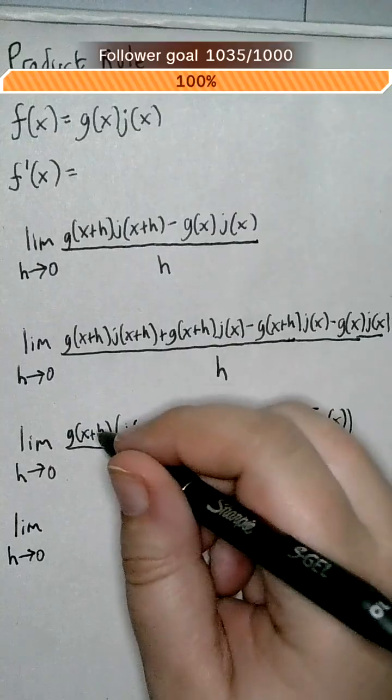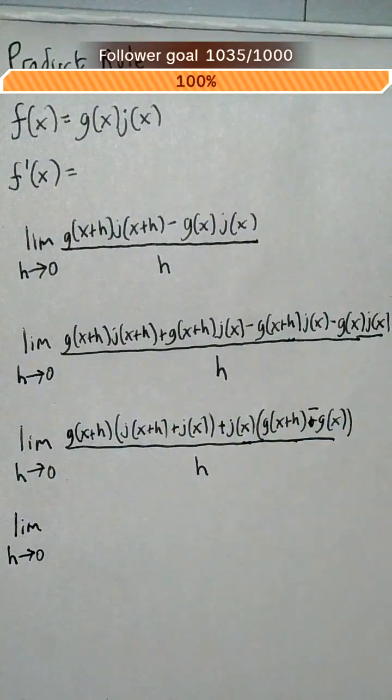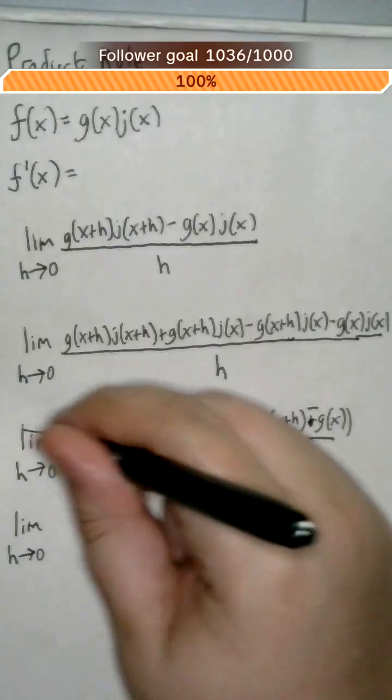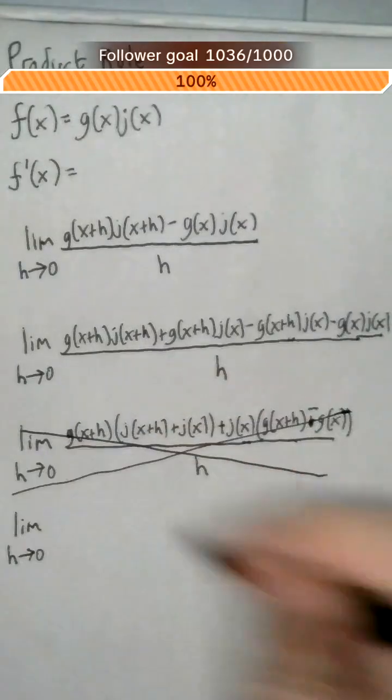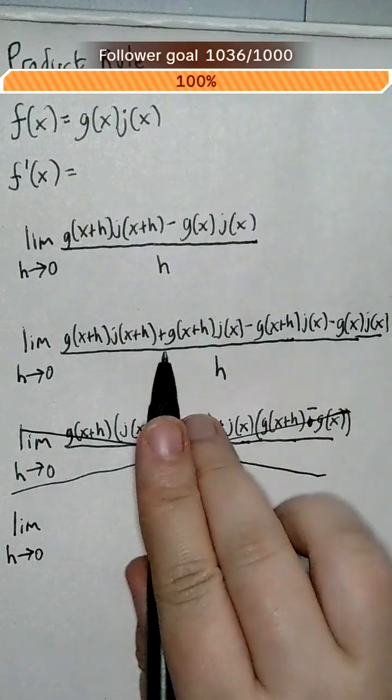Actually, I messed up. What I actually wanted to do was flip these. But that's okay, we'll make it work. So I'll go backwards a step. And what I'm going to do instead is move this over here and this over here.